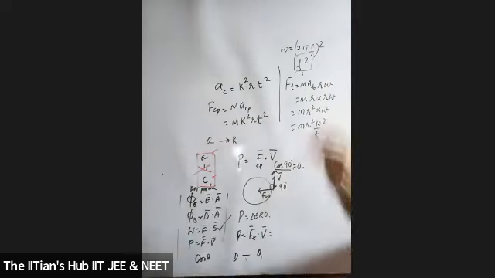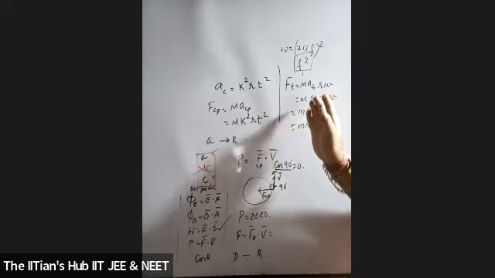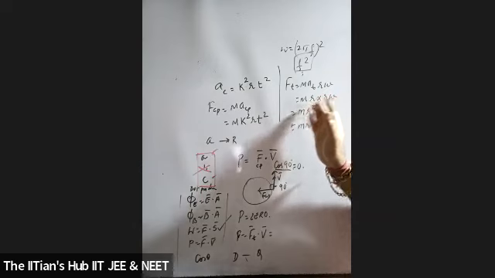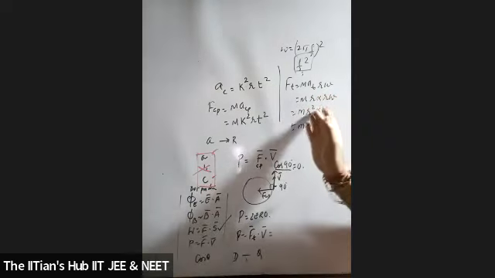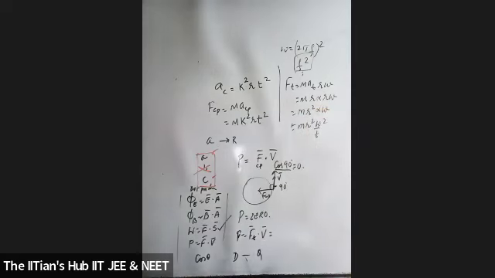I can write V in terms of R into omega. Acceleration tangential is R into alpha. I can consider R square into alpha, into omega. Alpha can be written in terms of omega by T. So omega square has come, and that is f square. I can get it in terms of frequency. Are you getting it, students? Is that clear? Yes, sir. Okay.